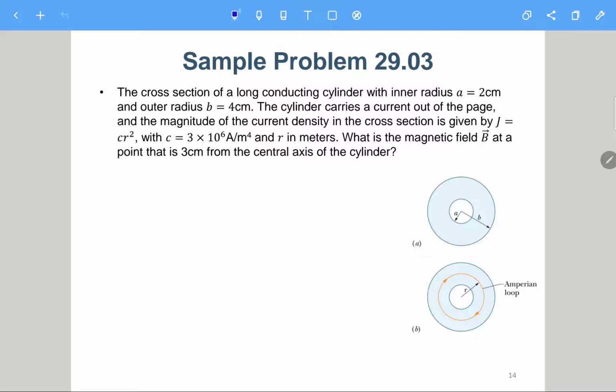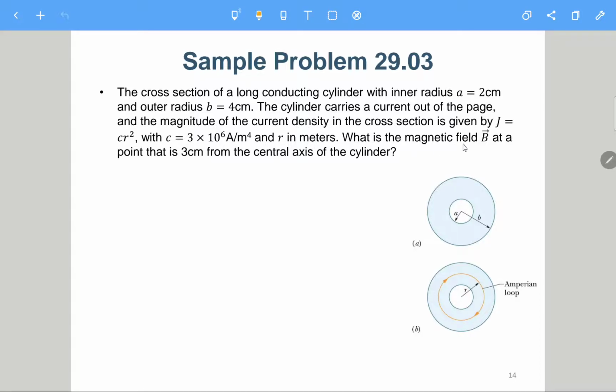Okay, now we consider a sample problem. Here is the cross-section of a long conducting cylinder with inner radius small a and outer radius small b. The cylinder carries a current out of the page, and the magnitude of the current density in the cross-section is given by J equals C r squared, with C being this value.